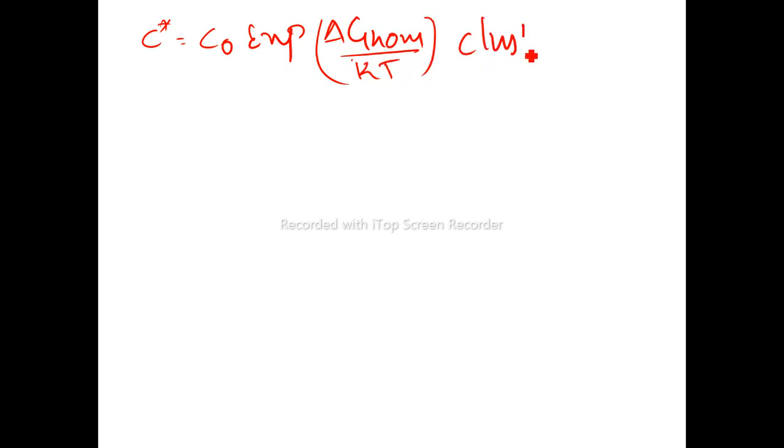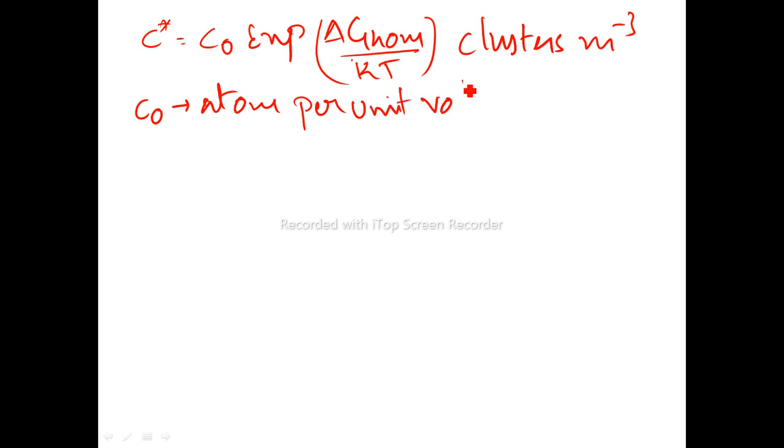This is clusters per metre cube. C naught is atoms per unit volume.